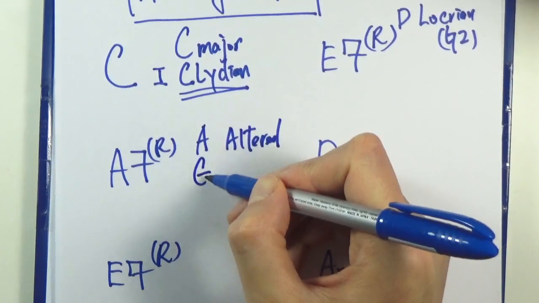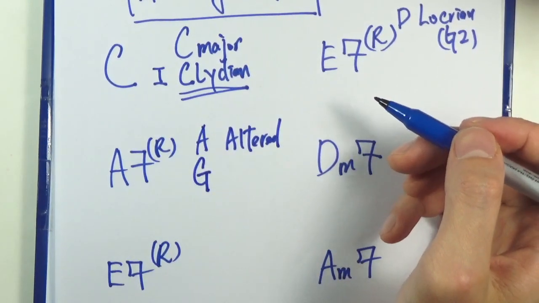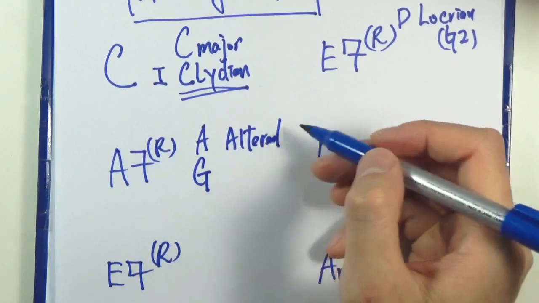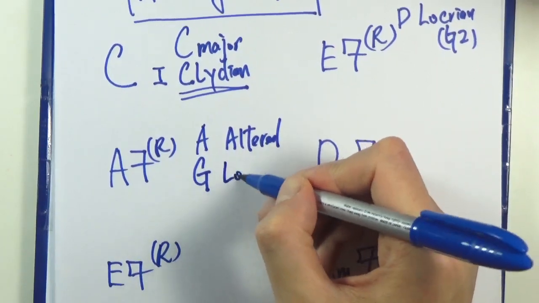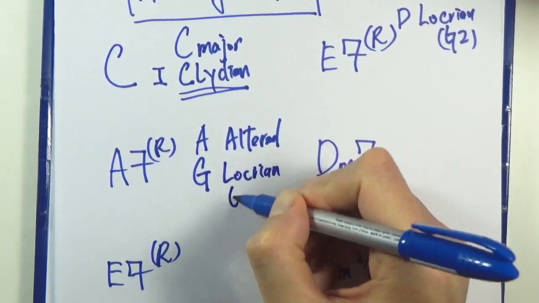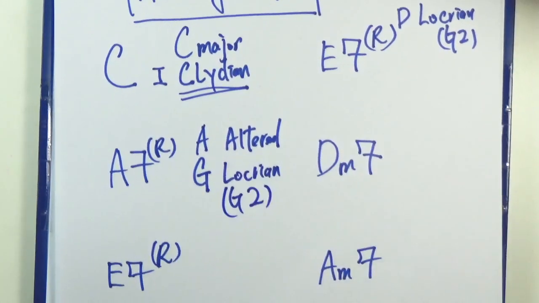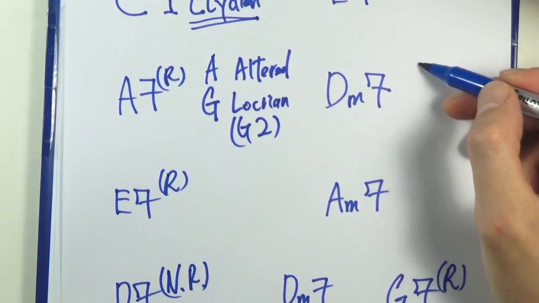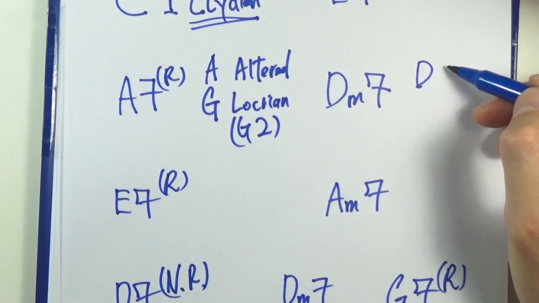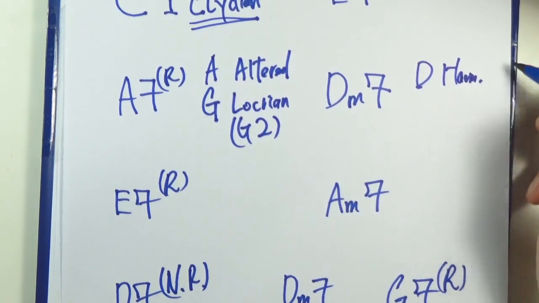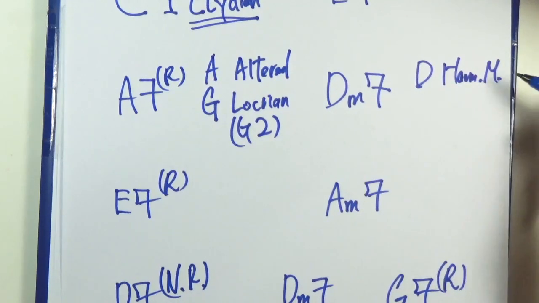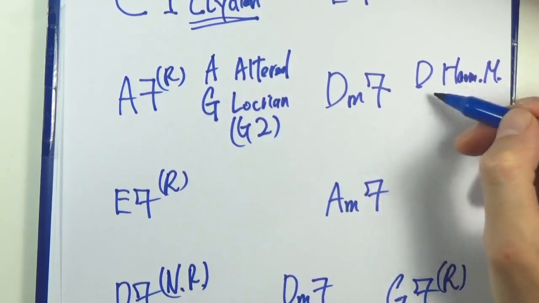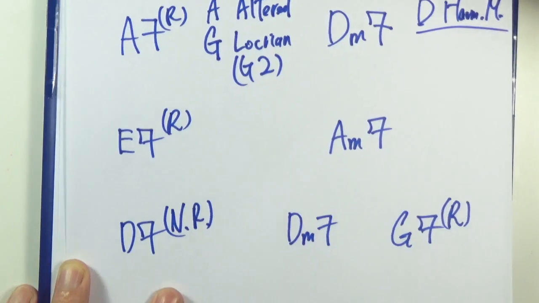Go down a whole step. You can play G Locrian natural 2. Okay, D minor, that's not our focus here, but you can play D minor. D harmonic minor, actually. And D natural minor should do fine, all right, but I'm going to put down D harmonic minor here.